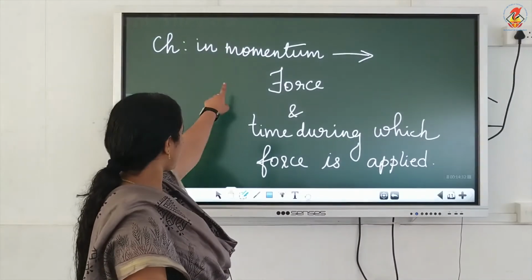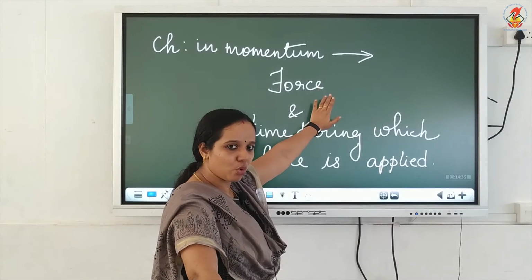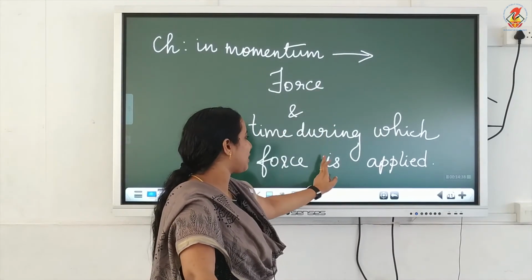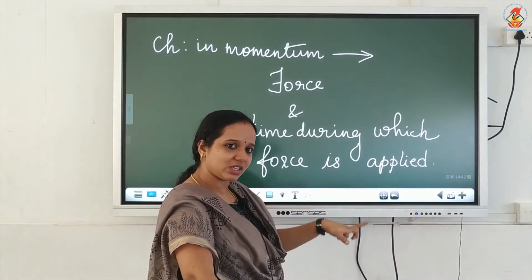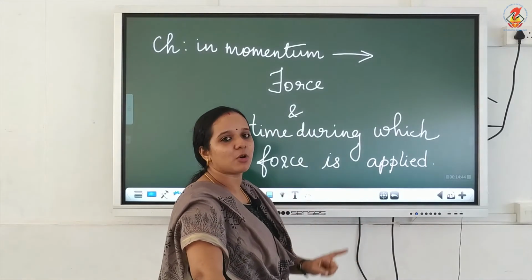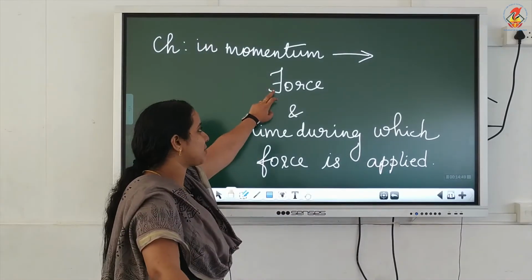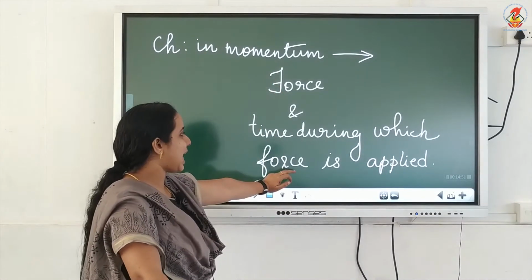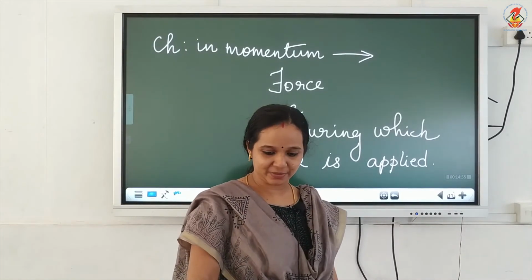So, in order to change velocity, we have to apply a force, and force should be applied gradually. Change in velocity means definitely the momentum will change. That is, change in momentum depends upon force and the time during which the force is applied.